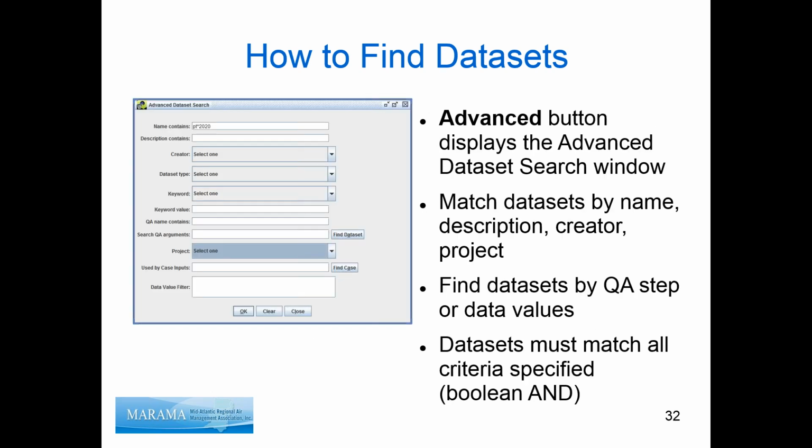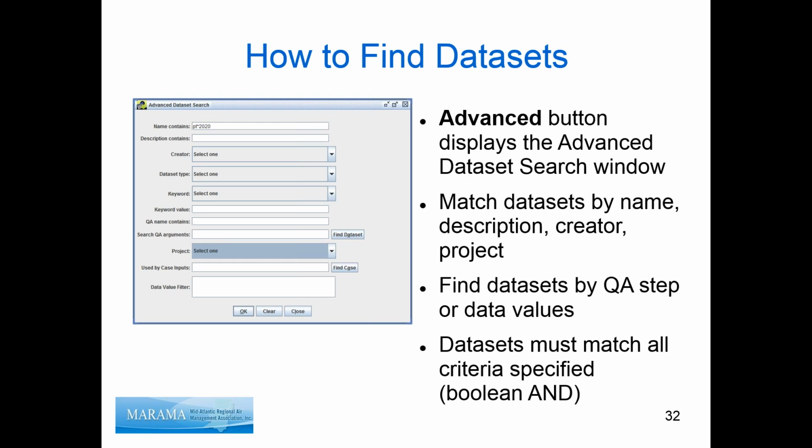Another option for finding datasets is the advanced dataset search. On the Dataset Manager, there's an Advanced button, and when you click that button, you bring up the Advanced Dataset Search dialog, and as you would expect, this gives you a lot of options for finding datasets. You can use them in combination with each other, so whatever criteria you put in, your data set will have to match all of those criteria.